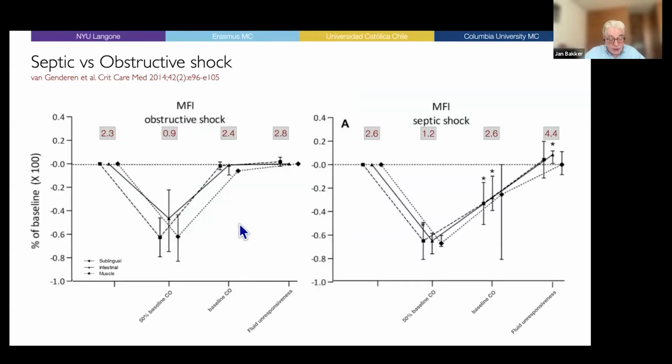And that's, of course, something that you could simulate in the lab. This is a pig. And so what we did in these pigs is we introduced obstructive shock, so a tamponade by infusing fluid in the pericardial space, or we induced septic shock by giving an infusion of endotoxin and wait. That's the only thing we did, just wait. And there are two important elements in this.